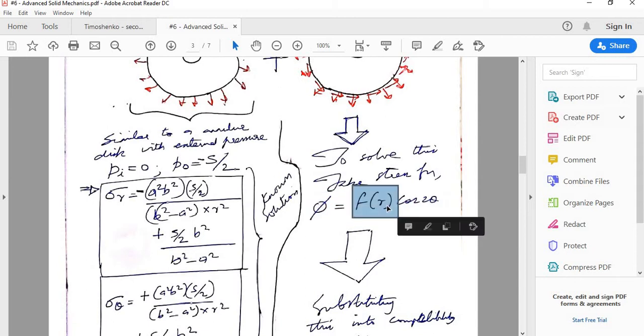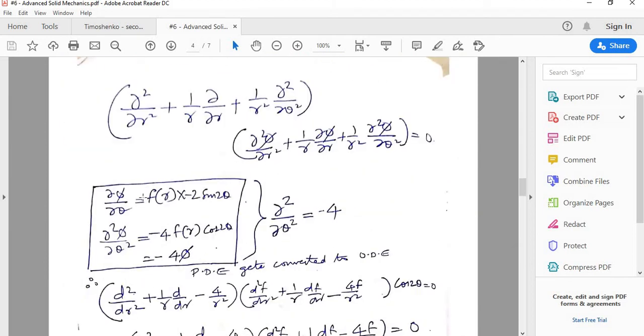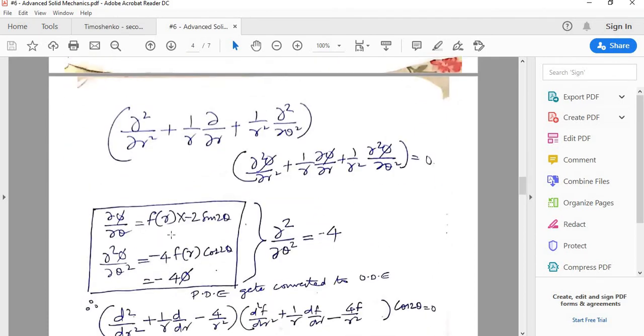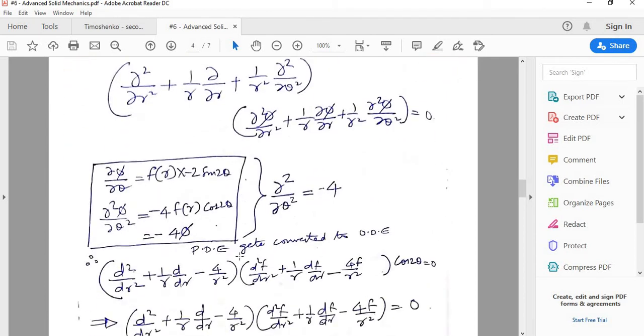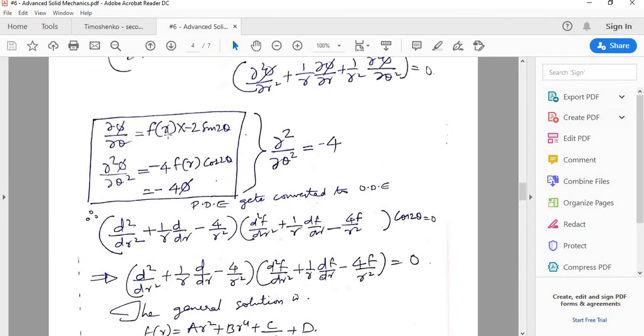So f of r is a general function of r, and you have cos 2 theta. Here you take out the derivatives. So f of r, we just maintain it, means the first and second derivative of f of r with respect to r, we can just write it as it is, that's all.